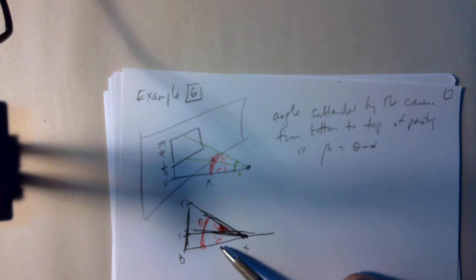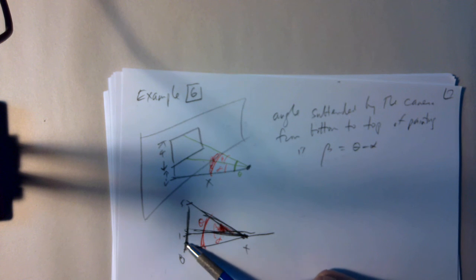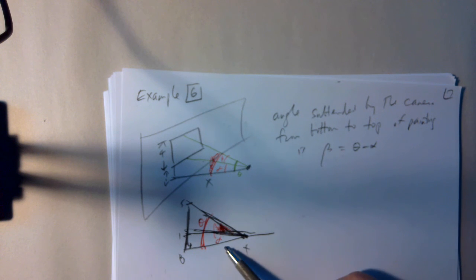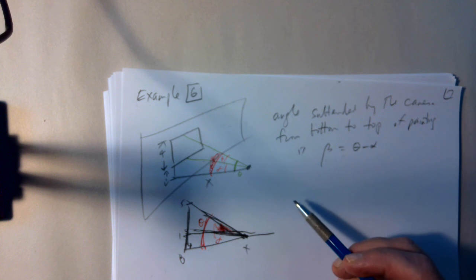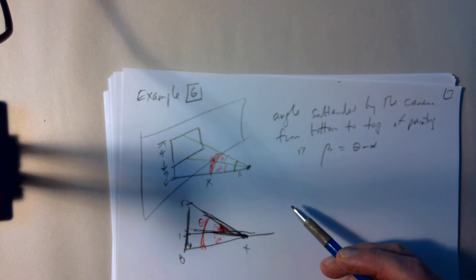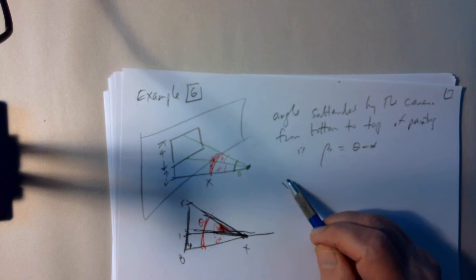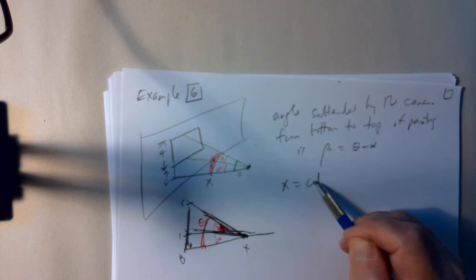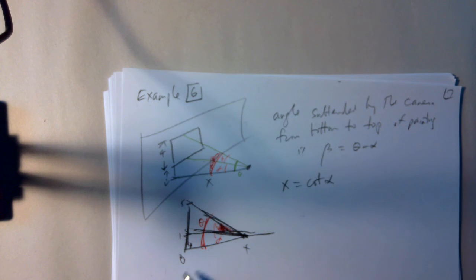Now, let's see. If we look at this right triangle, we see that 1 over x is the tangent of alpha, or x over 1 is the cotangent of alpha. So x is the cotangent of alpha, right?